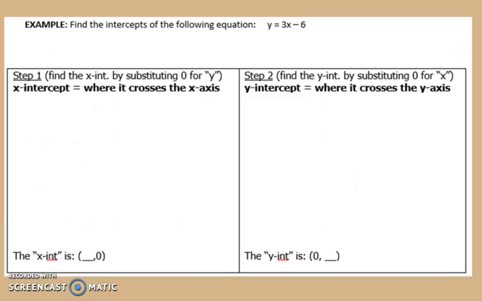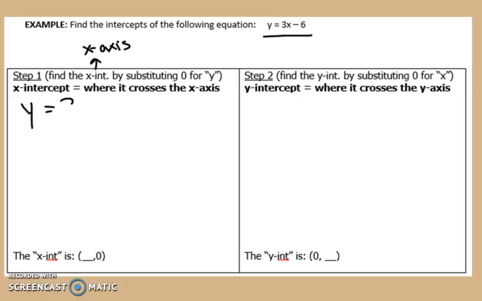Now, if we look at the back, this time we have the equation y equals 3x minus 6. And again, you may not know this, but that is what we call slope-intercept form. We're going to get to that next unit, but I want to make sure that we see an example of it. We can still find my x and y intercepts. So again, my x-intercept is on the x-axis, so we're going to put 0 in for y.